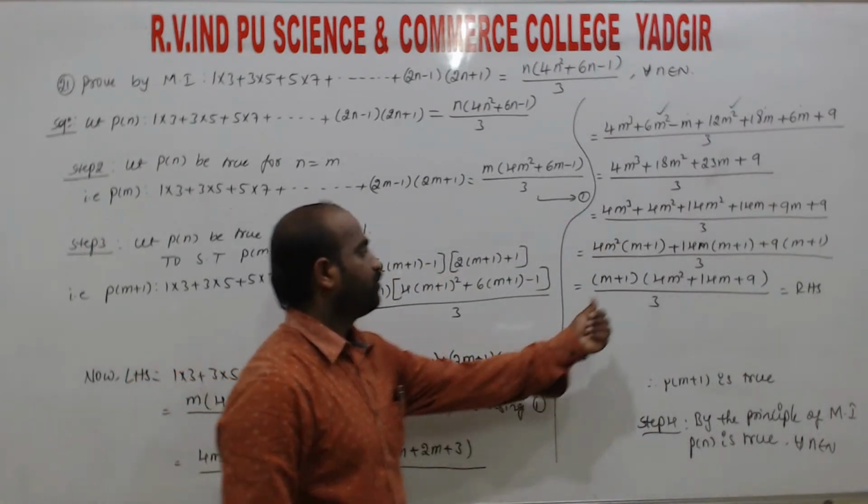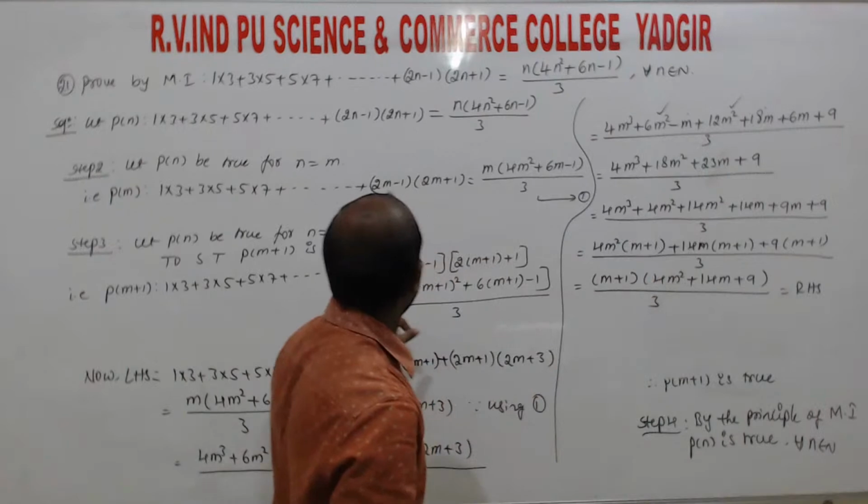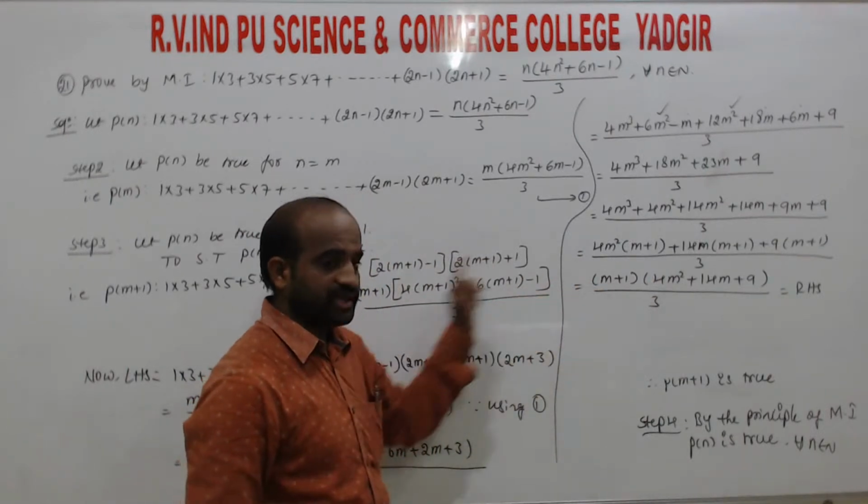Already I am telling, 4m square plus 14m plus 9, now m plus 1 into m plus 1 is there.